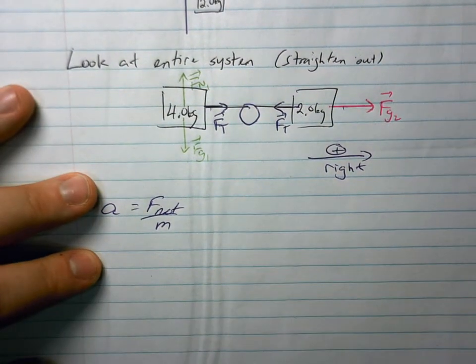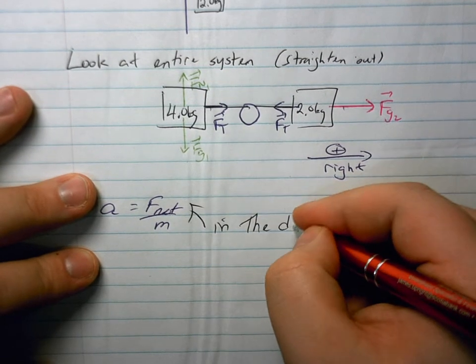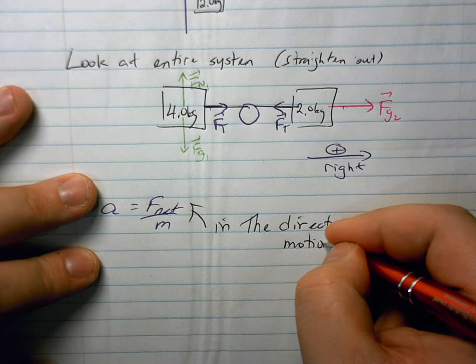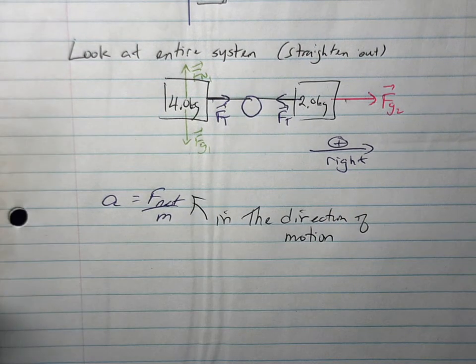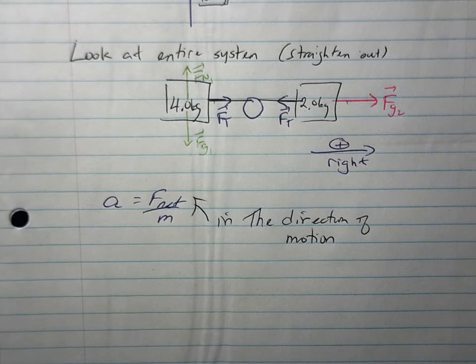Well, the net force that we want is just in the direction of motion. And this is good. What that means is we can essentially ignore these vertical forces on the first block here, because they're not contributing to the motion at all. They're not in the direction of motion. They're just there to make sure that the block doesn't collapse through the table.